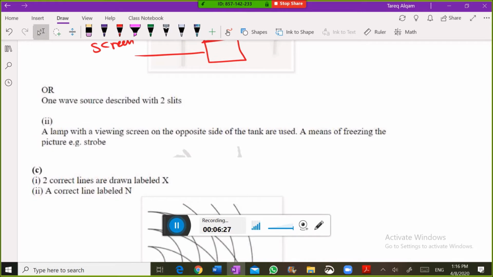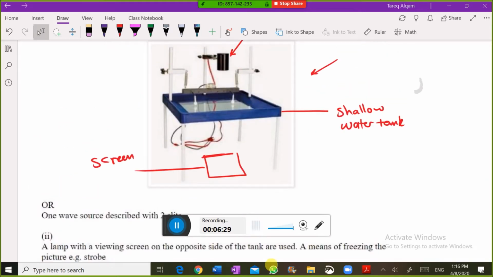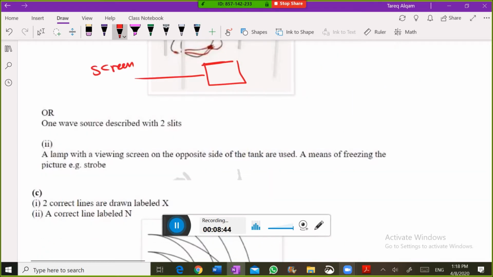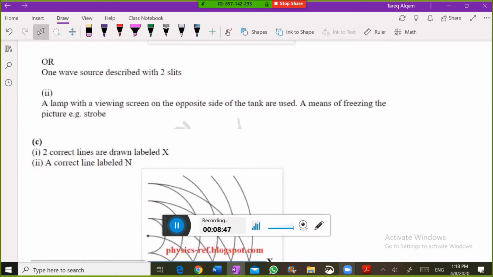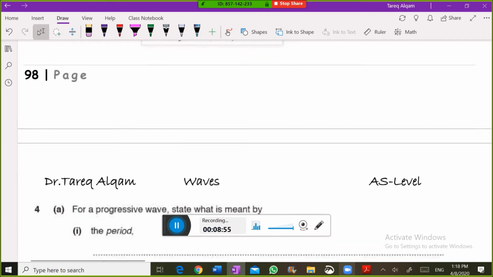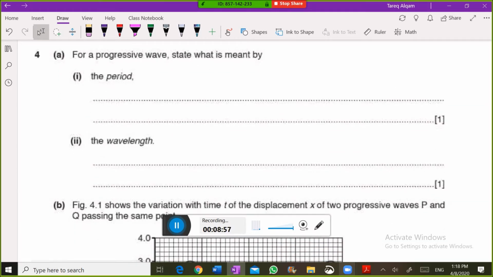These dippers should be connected to the same vibrator. Who knows why? Coherent, guys. They must be coherent in order to see the interference pattern.